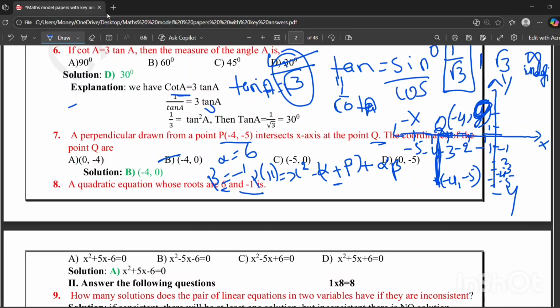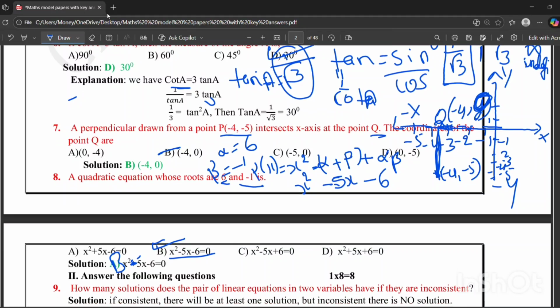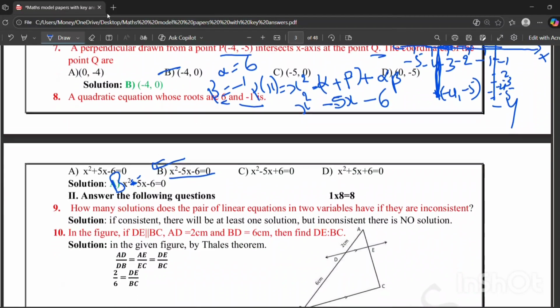Alpha plus beta means 6 minus 1, which is 5. So x square minus 5x. Here 6 into minus 1 is minus 6. Where is this option? This is our answer, but this is minus, children, option B. Next question.